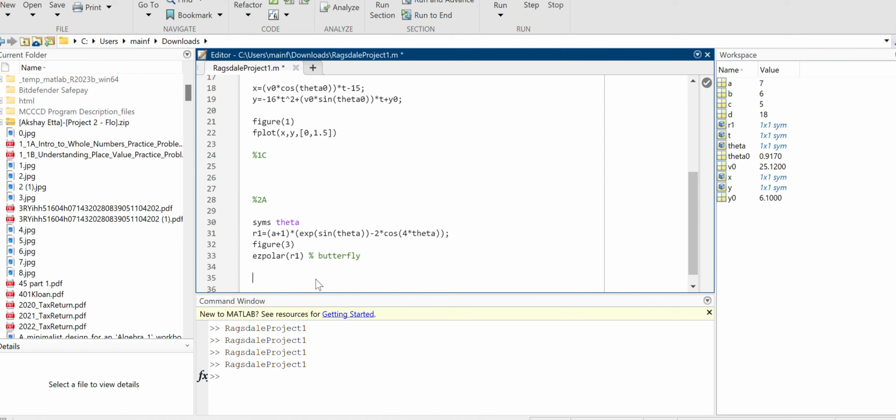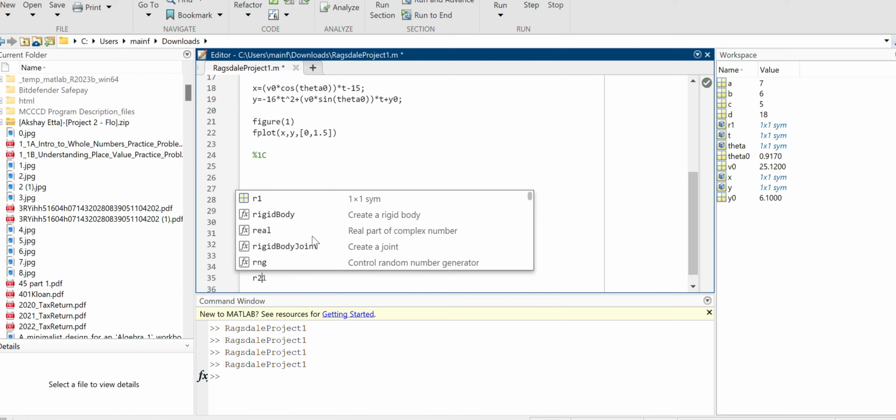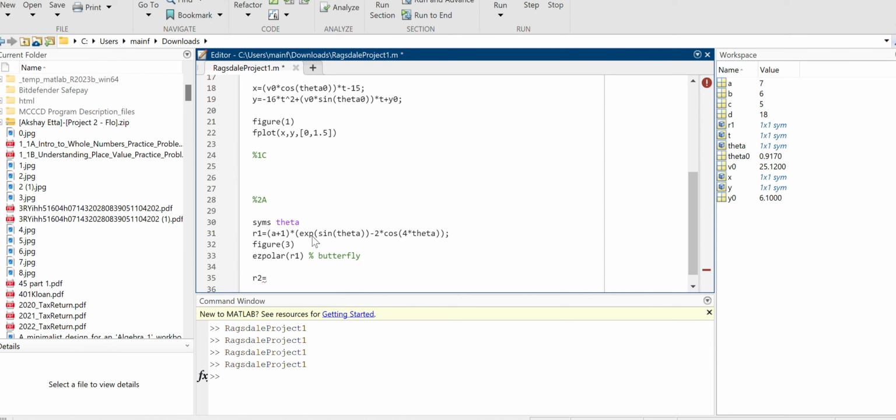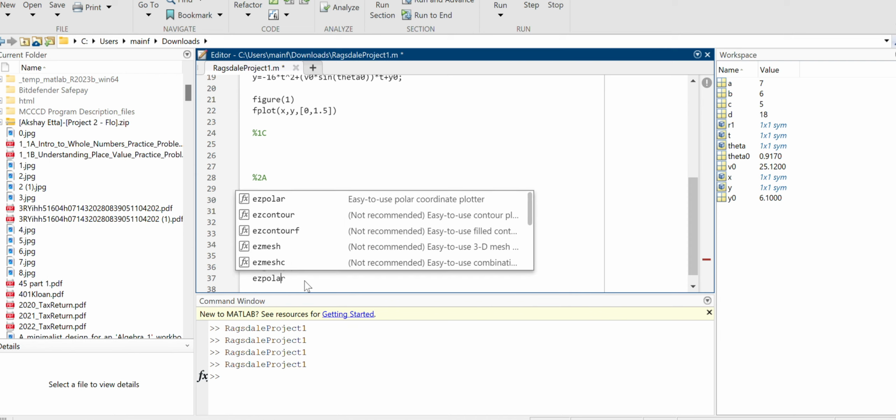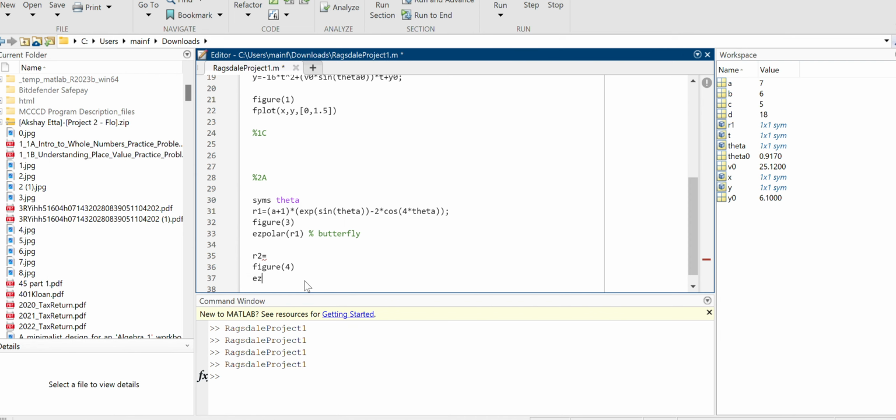Right, so I'm not going to do figure 4. This is another short video, but figure 4 should look like a Pac-Man. So, and I'll give you the hint, right? What should you do? You should define R2 to be equal to something. Then you should probably put figure 4 here, right? And then you should just do, right, ezpolar of R2.